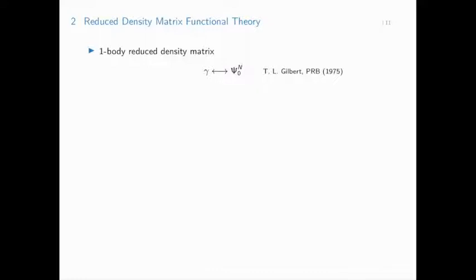The spirit is quite similar to density functional theory, but now the basic variable is the one-body reduced density matrix gamma. In fact, thanks to a one-to-one mapping between gamma and the ground state wave function, all the ground state properties can be expressed in terms of gamma. In particular, the total energy functional is given here, and is a sum of a kinetic term, a term due to the coupling with an external potential, and the so-called exchange correlation term.